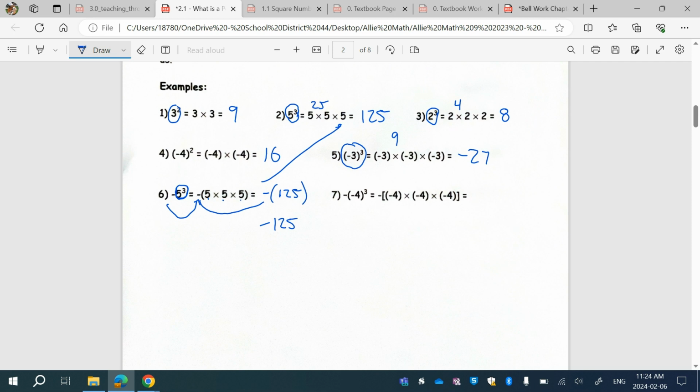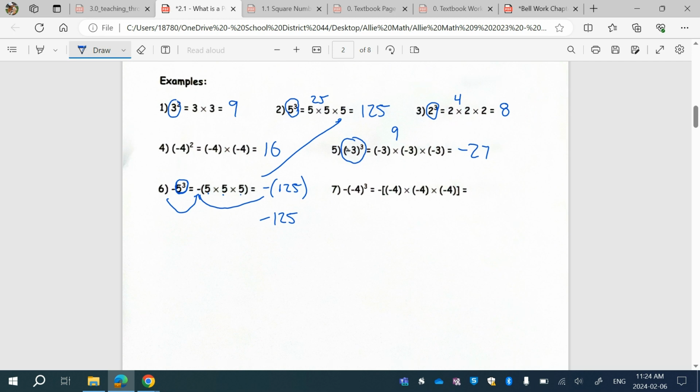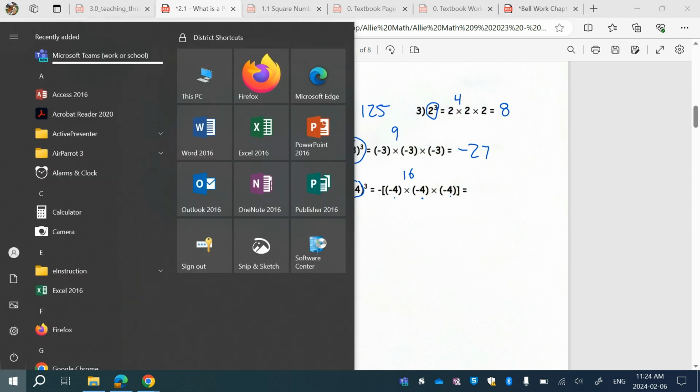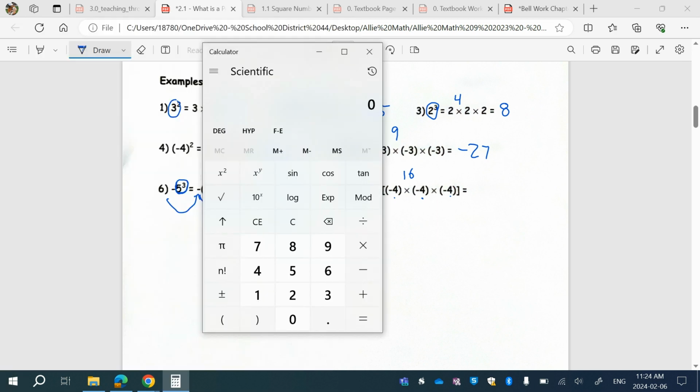Next, last one, kind of tricky. We have a -4 as our base, but then we also have a negative on the outside. So let's do the -4 as the base first. So -4 times -4 is a positive 16. And then 16 times a -4, oh, I think this is 64. Is that right? 16 times 4 equals 64.